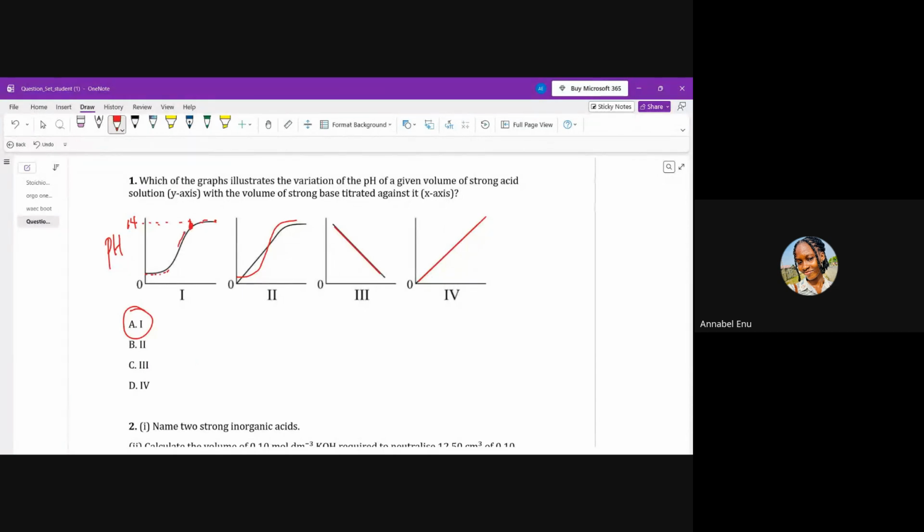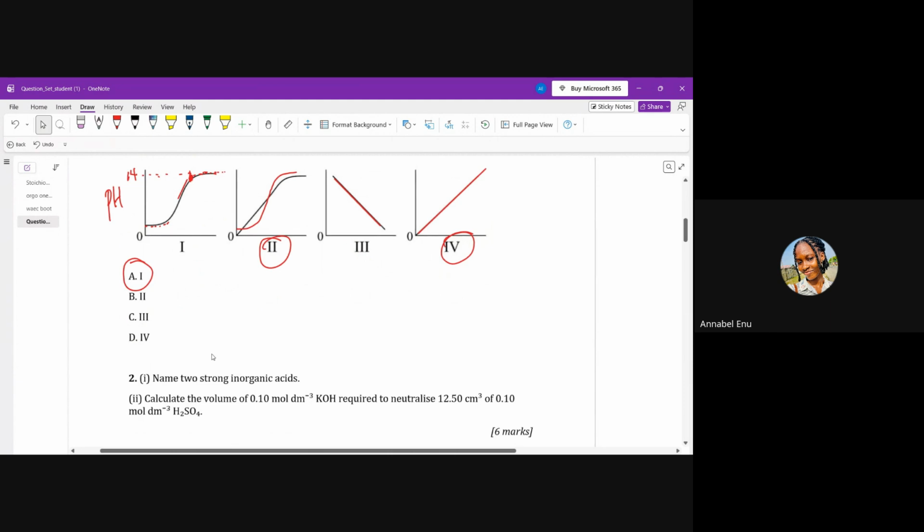Then at some point it will go on, and it's still a slow process. So that's what it tells us better than graphs I and IV. Do you all understand? Yes, ma. All right.